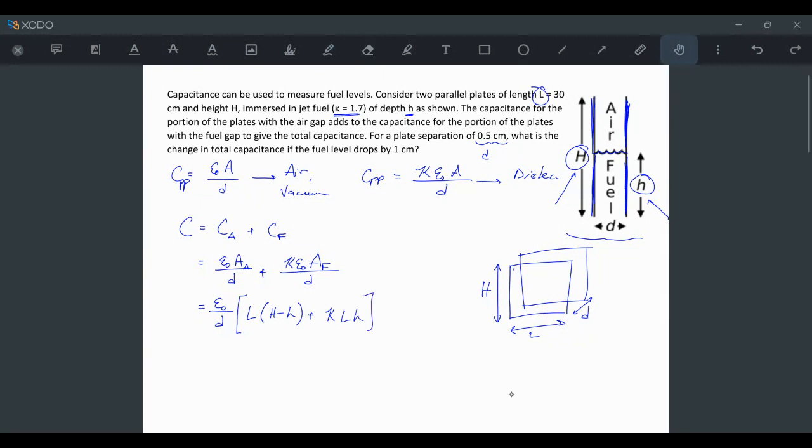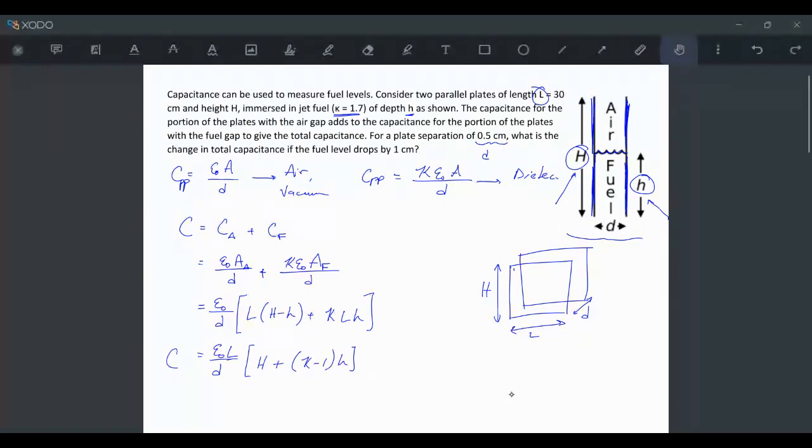So we can factor out an L from both these terms and simplify it a bit further into terms with capital H's and terms with lowercase h's. So we have H plus kappa minus 1 times lowercase h. So this is our expression for the capacitance in terms of all the variables given.